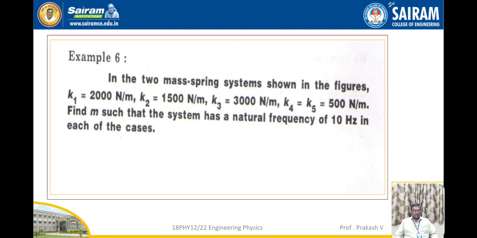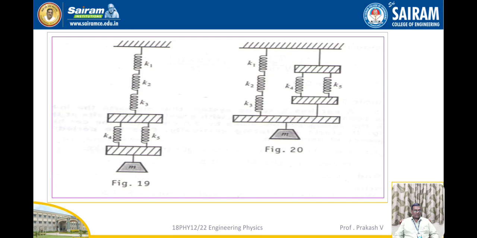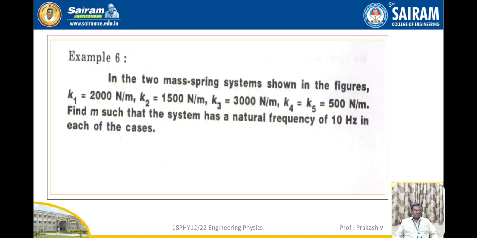In the two mass spring systems shown in the figures, K1 is equal to 2000 Newton per meter, K2 is equal to 1500 Newton per meter, and K3 is equal to 3000 Newton per meter. K4 and K5 are equal to 500 Newton per meter. Find M such that the system has a natural frequency of 10 Hz in each of the cases.